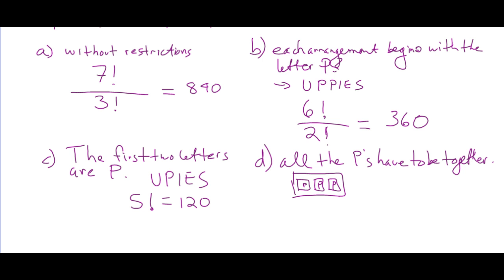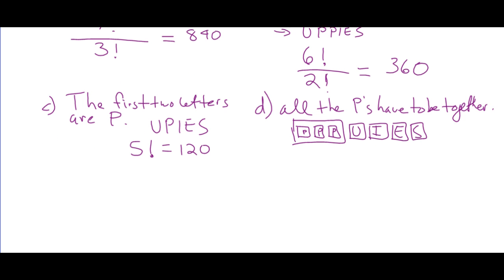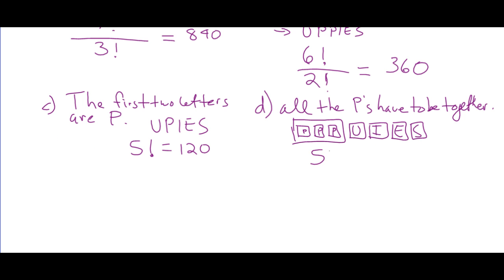But it moves as a piece. And then I've got a U, I, E, and S. So how many objects do I have to arrange? 5, right? So we've got 1, 2, 3, 4, 5. How many ways can 5 objects be arranged? 5 factorial or 5P5. Got 120 ways. But what about the P's?